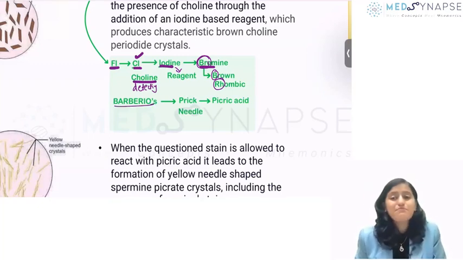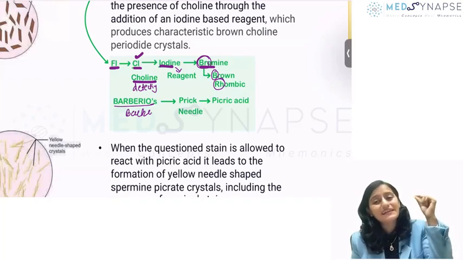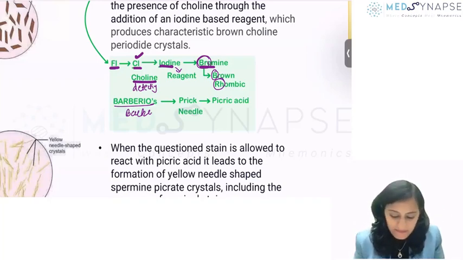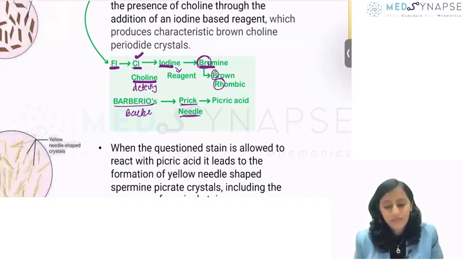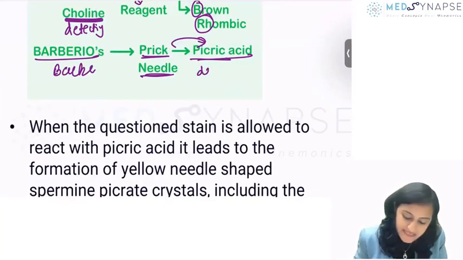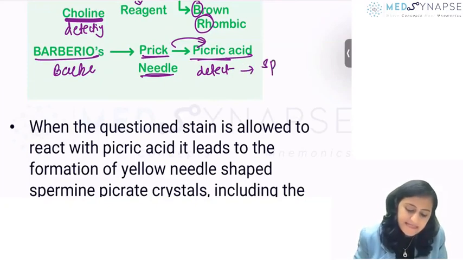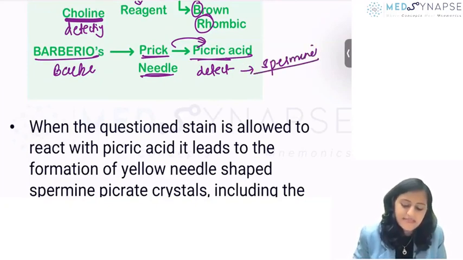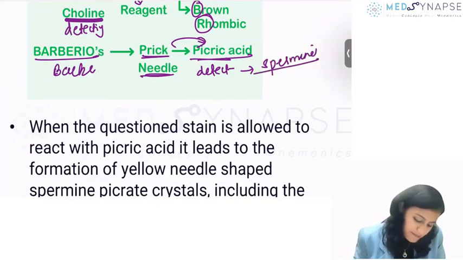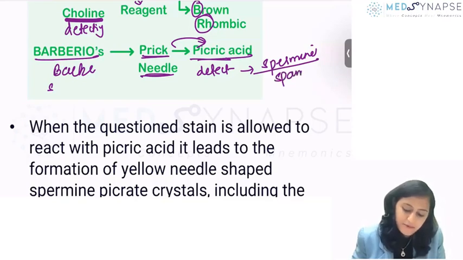While on the other hand, Barberio's: imagine someone going to a barber and getting a needle prick while shaving. So the barber gives a needle prick. So remember, prick is picric acid. What are we detecting here? It is spermine. So what happened at the barber?